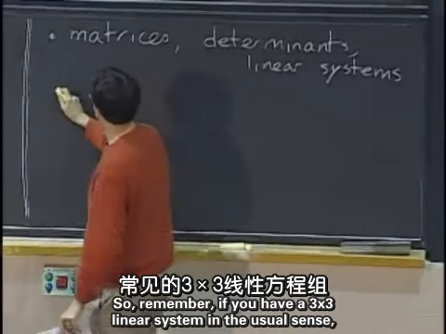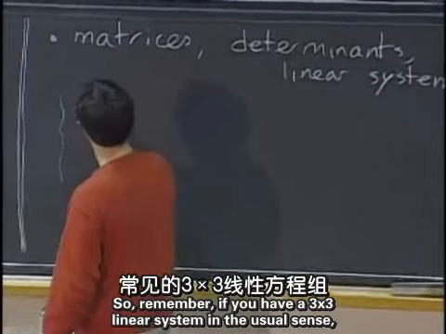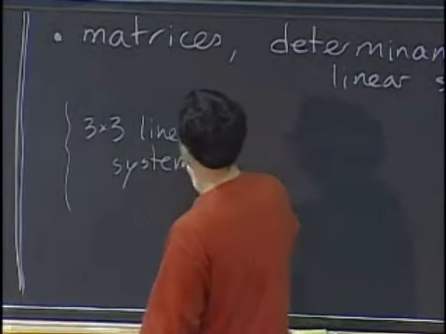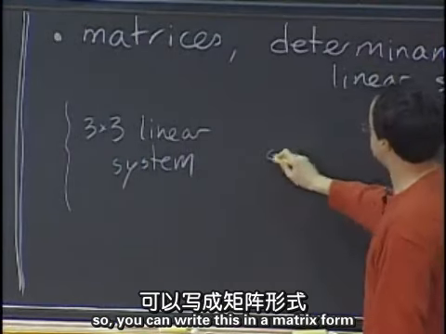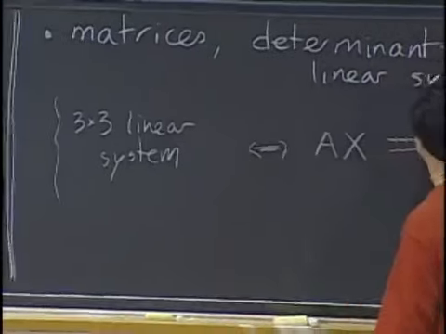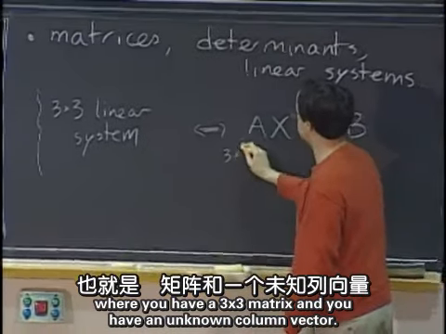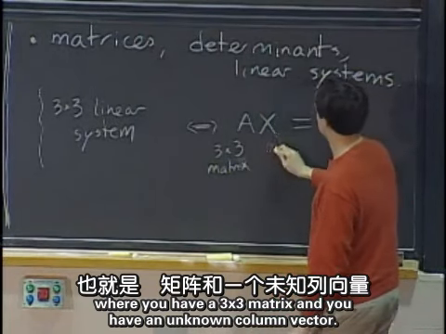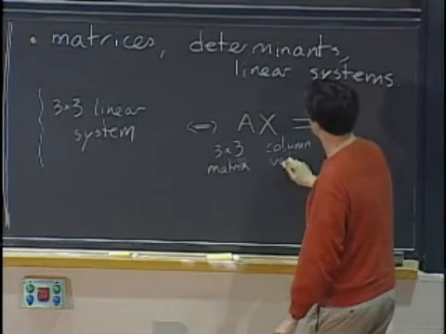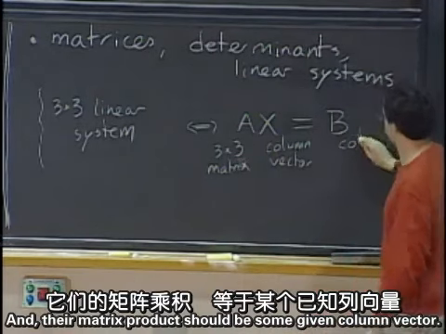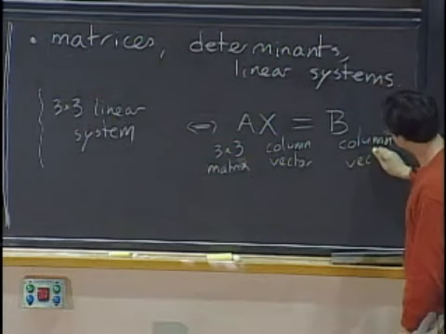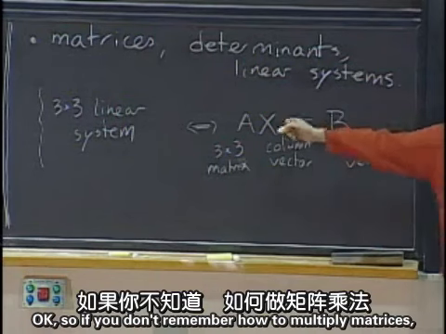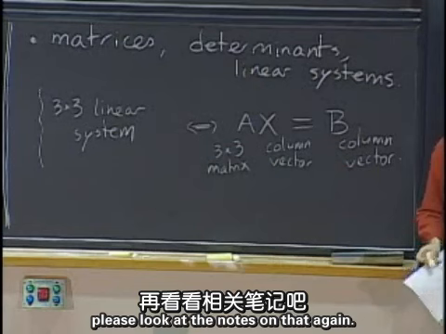So remember, if you have a 3x3 linear system in the usual sense, you can write this in a matrix form where you have a 3x3 matrix and you have an unknown column vector, and their matrix product should be some given column vector. Okay, so if you don't remember how to multiply matrices, please look at the notes on that again.